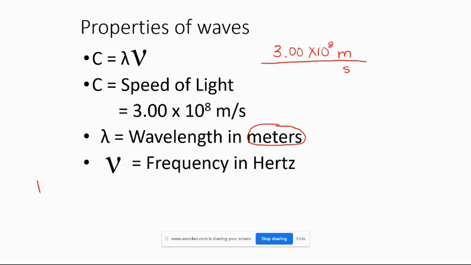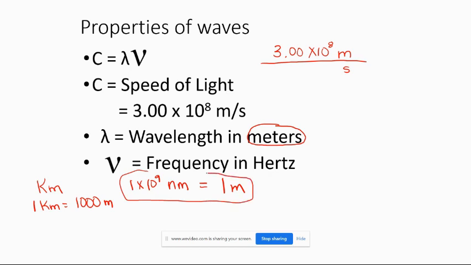So if you are given kilometers, remember that 1 kilometer equals 1,000 meters. Sometimes you are given nanometers. Okay. There are 1 times 10 to the 9th nanometers in every 1 meter. So this is a very tiny thing that you can't even see with your eye. This is a common conversion factor that you are going to need throughout this unit.